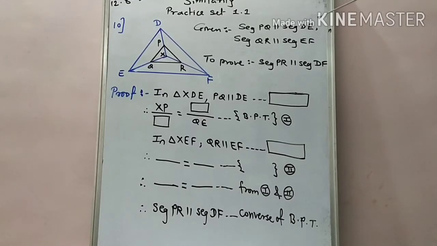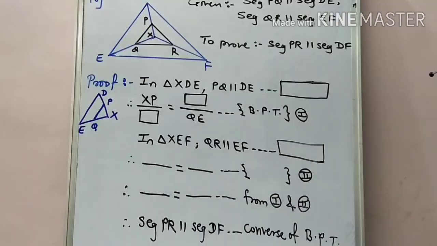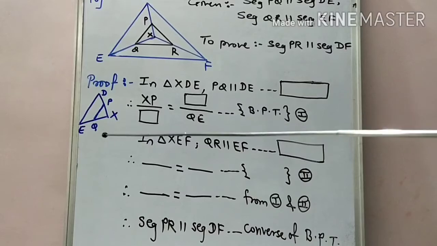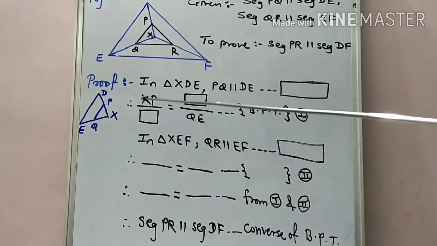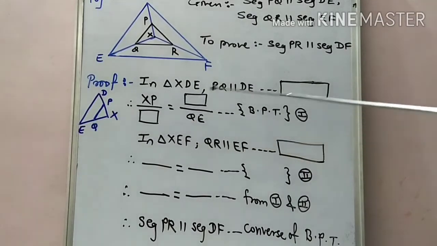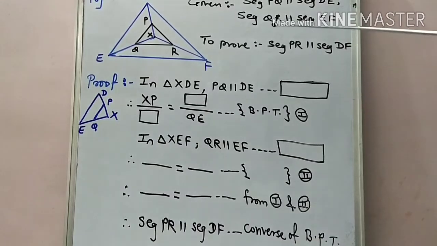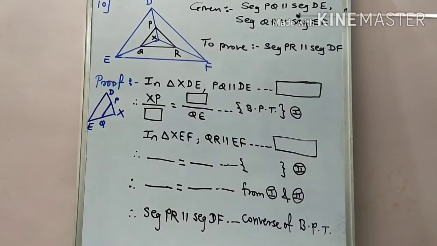So pay attention over here students. Here I separate the figure, in triangle XDE, PQ is parallel to DE, and as you observe, PQ parallel to DE is our given part.